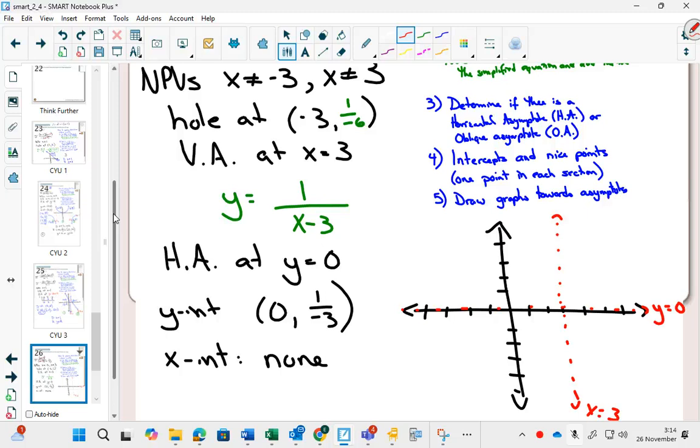We have a y-intercept at 0, -1/3. There are never any x-intercepts, and we have a hole at -3, -1/6.